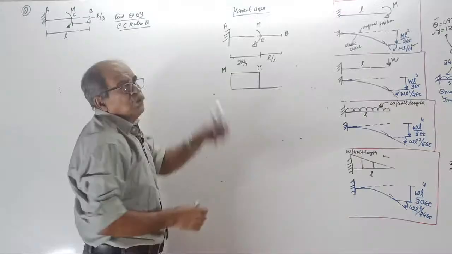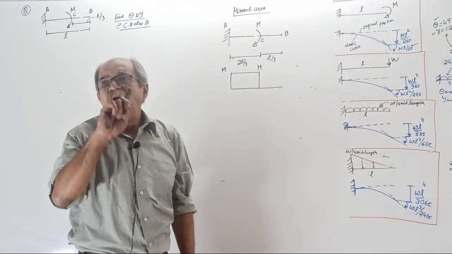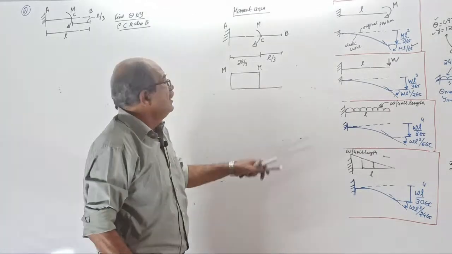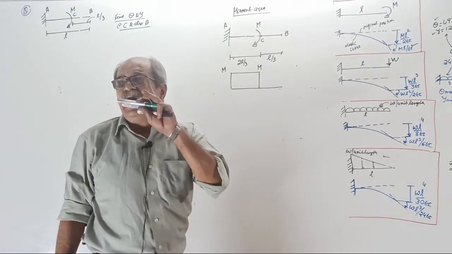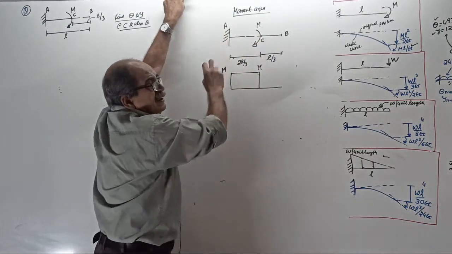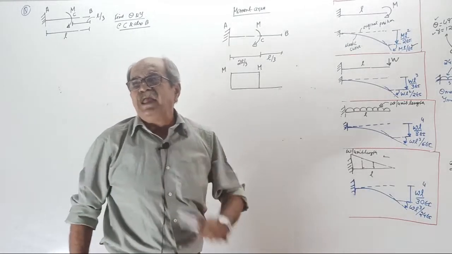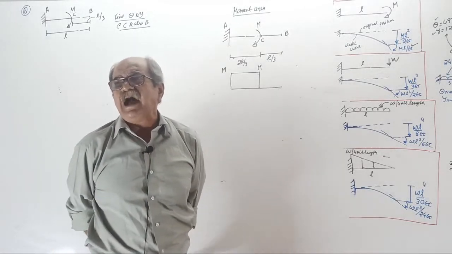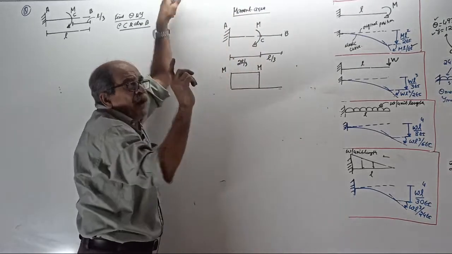I told you repeatedly what is the formula for cantilever. If you want theta anywhere, it is the area of the BMD from that point up to the fixed end. If you want deflection anywhere, it is the moment of the area of the BM by EI diagram from that point up to the fixed end, about that point.